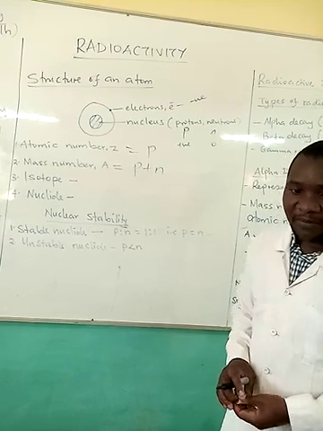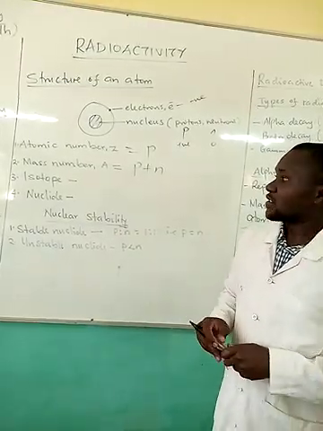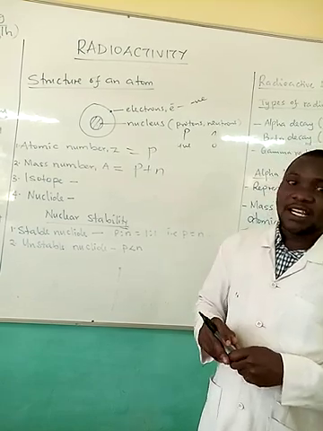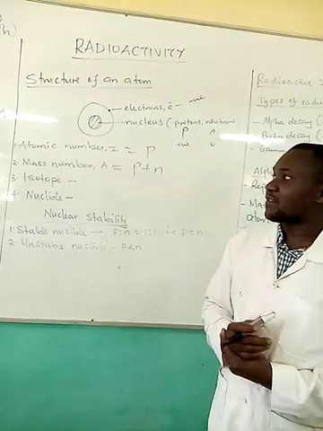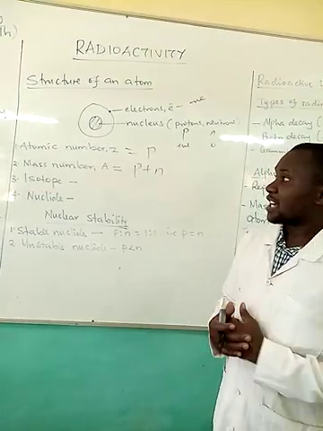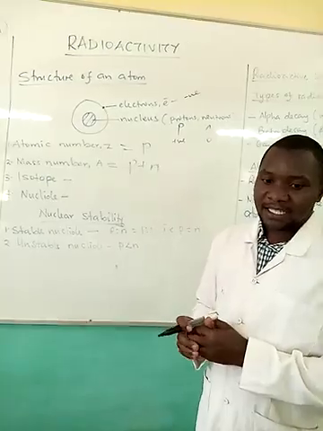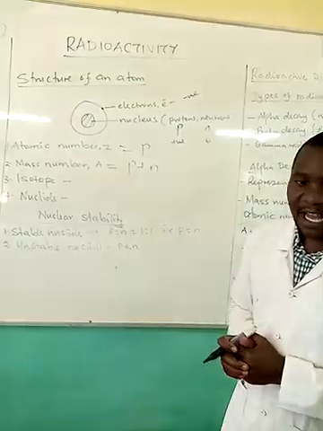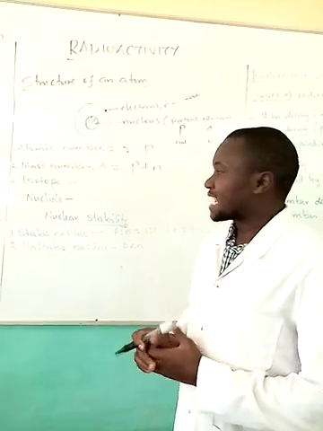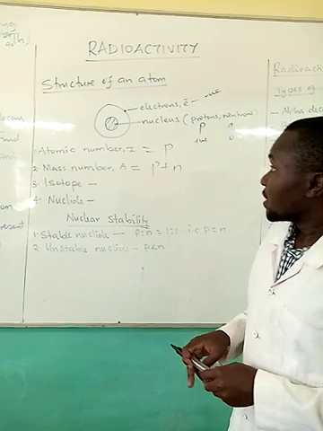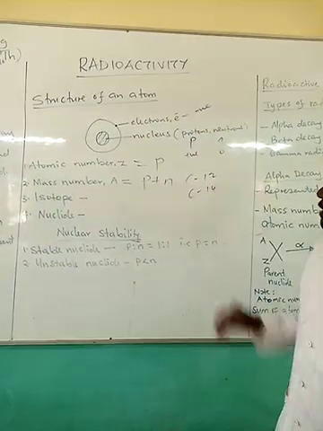Then, apart from that, we also have something called an isotope. Isotopes are atoms that have the same atomic number but different mass numbers. For example, we have carbon 12 and carbon 14.